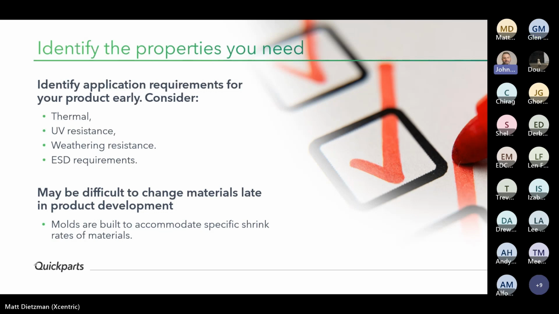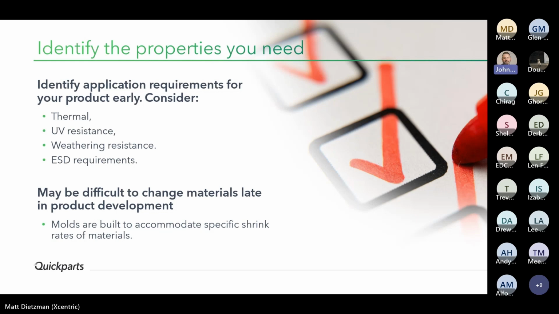Electrical requirements, flame ratings, does this need to be an insulated type part? So those are the things you need to think about while you're doing your design. Because the problem runs in later on. Say you pick a material, identify a material, you build a mold, and you start shooting parts and find out that material is not going to work for that application.